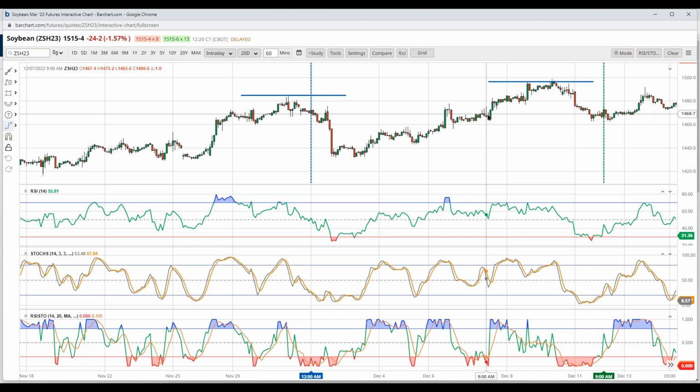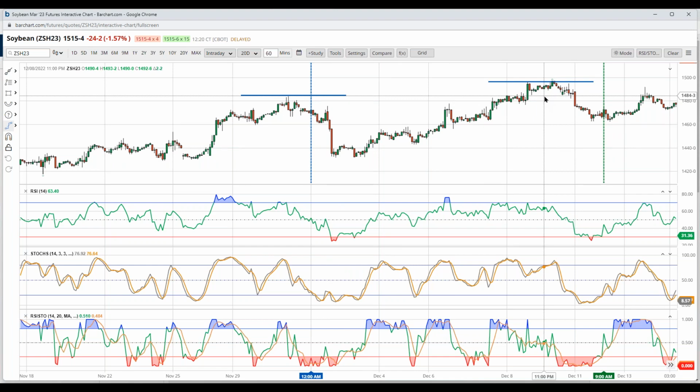The third way we can use this to delay an entry, and again, based on probability and confirmation, is we just use old school technical analysis in terms of how we look at trends. So what is an uptrend? Well, an uptrend is a series of what? Higher highs and higher lows.